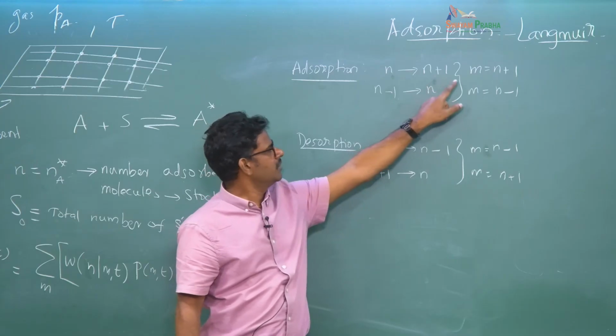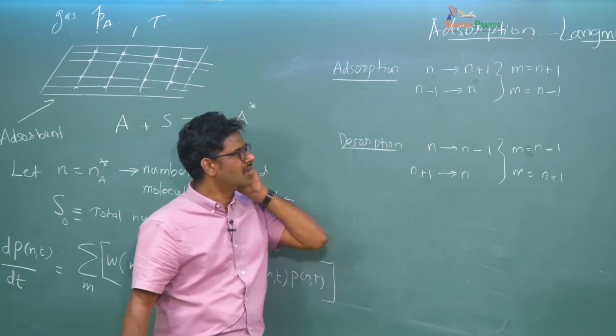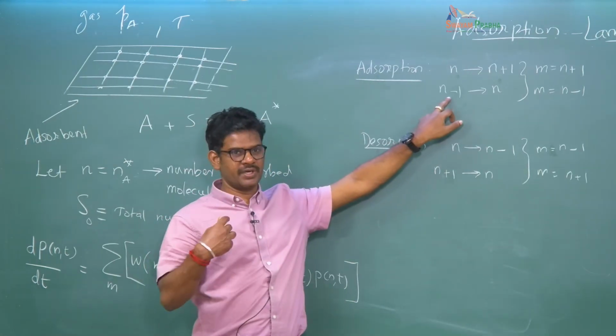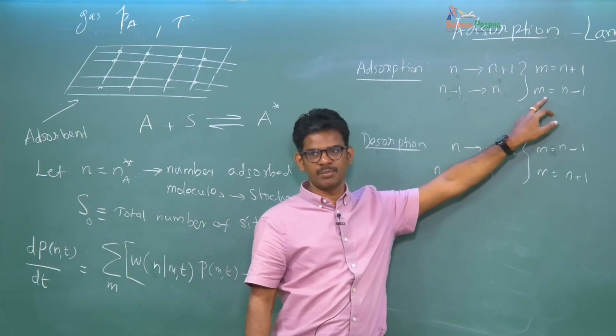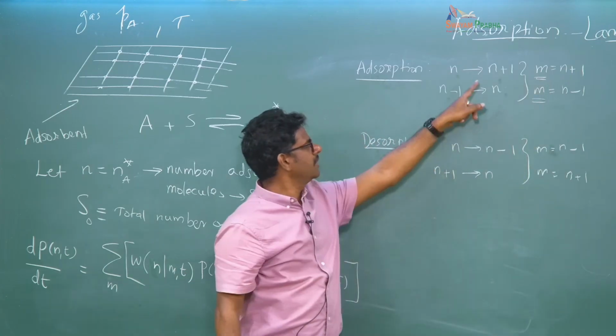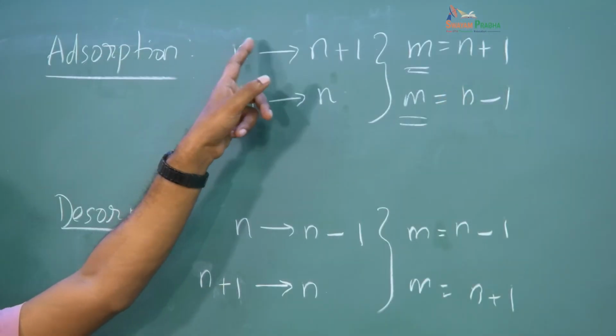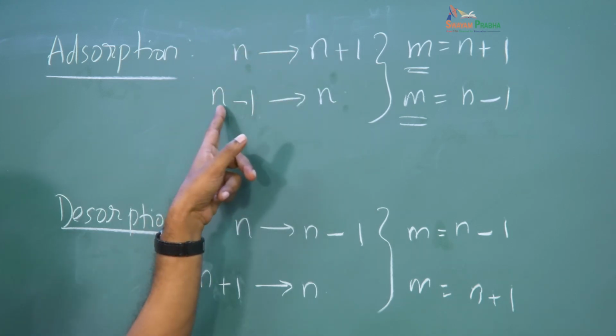So here in this context, m is n plus 1. Or if the state is at m minus 1, one adsorption can lead to creation of state n. So here m is n minus 1. So m basically means what states bring to state n. So here a state of n plus 1 brings to n, and here another state of n minus 1 is bringing to state n.